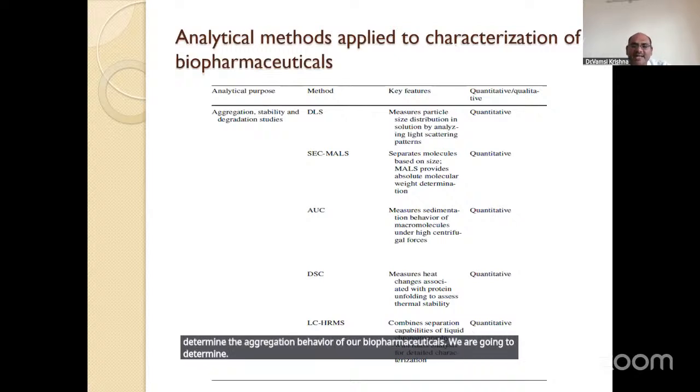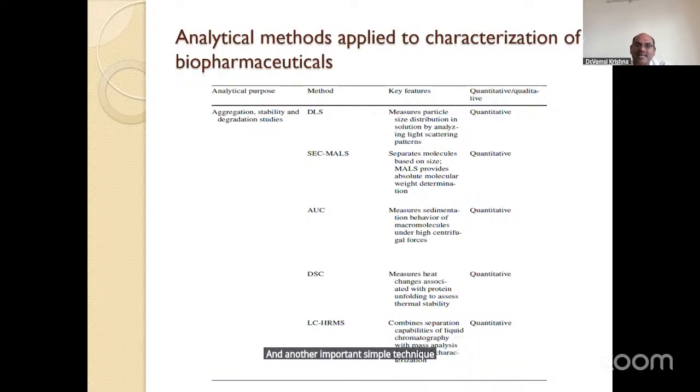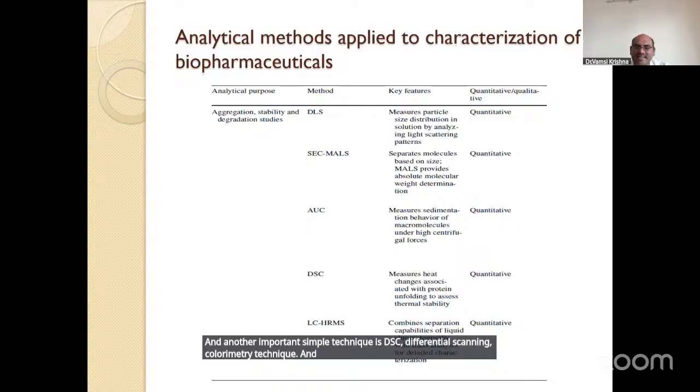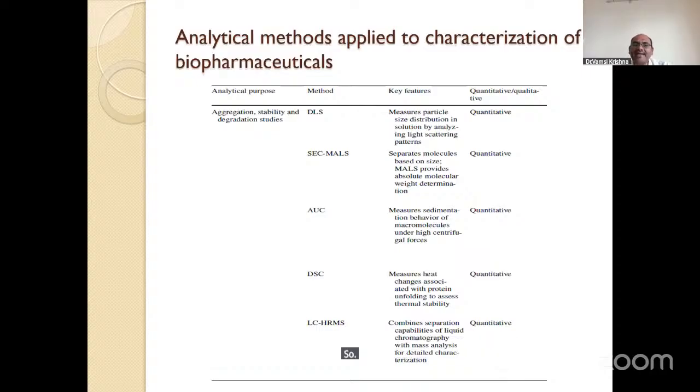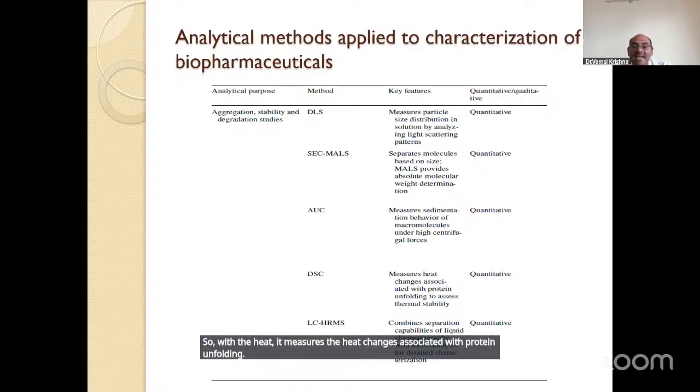Another important technique is DSC, differential scanning calorimetry. With the help of DSC, we measure the heat changes associated with protein unfolding.